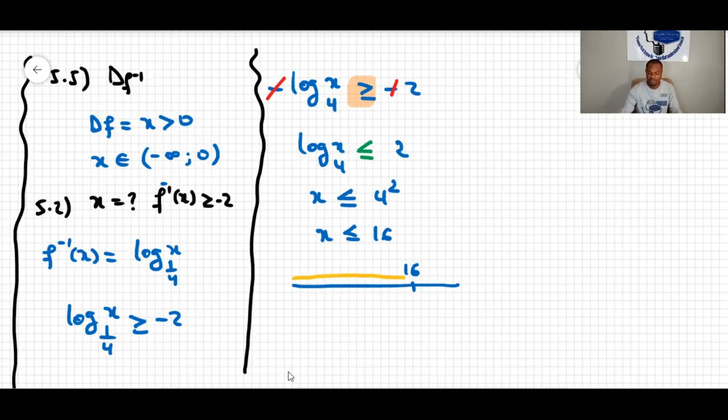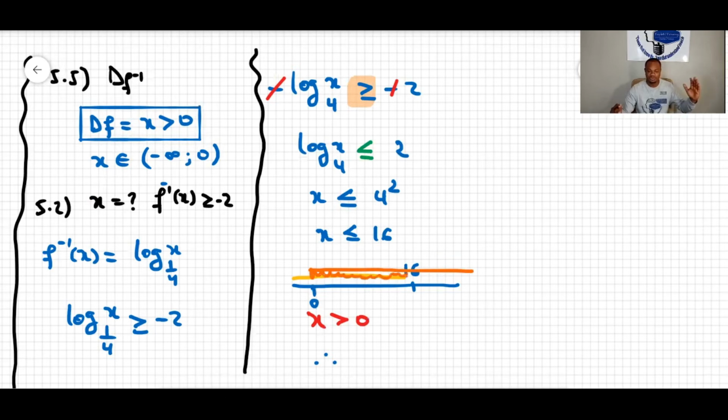But remember, in the domain we found that x cannot be less than 0; x is strictly more than 0. We found it in the previous question and in other questions also. So let's say 0 is somewhere here. It takes only these values that are more than 0. So our solution lies in between 0 and 16.